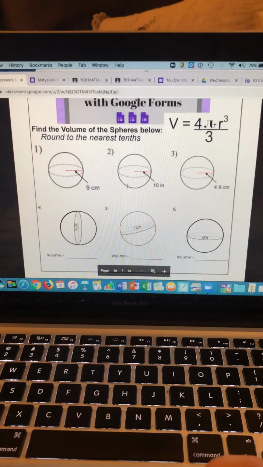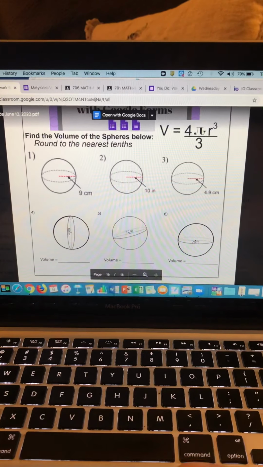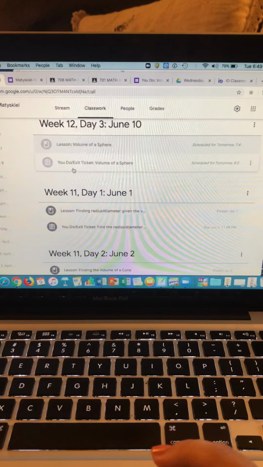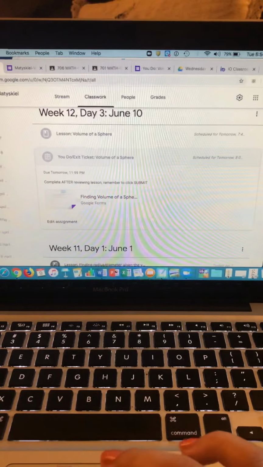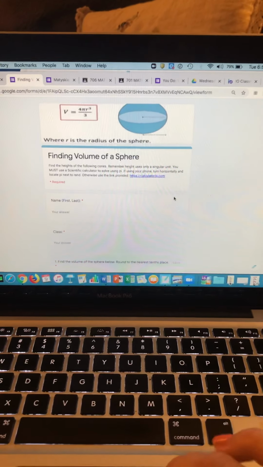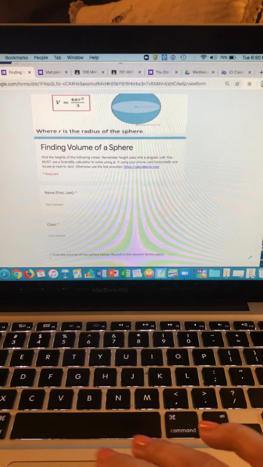And then you'll have your exit ticket for your final thing to do for the day. So I'll show you where that is. So that's right here. You would click on your form. I think it's only 6 questions. Let's see. Yeah, so your formula is at the top, and then the directions are here.